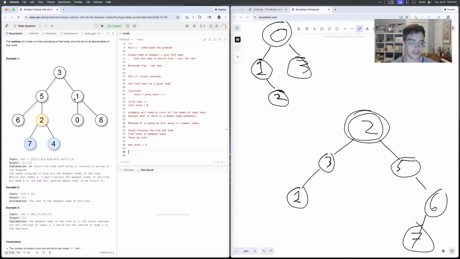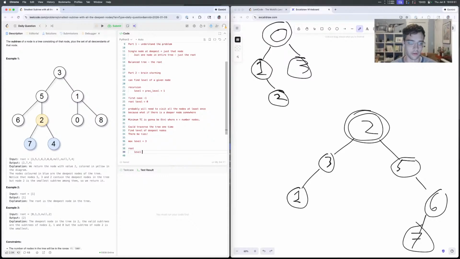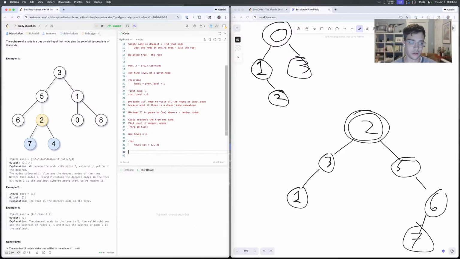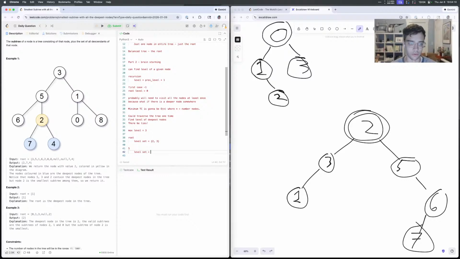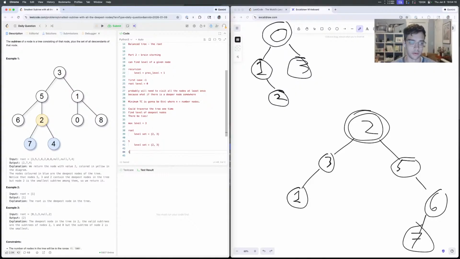So if you look at this 3 here, root level set equals, I guess, 2 and 3. This 5 here, its level set equals 2, 3. Same with this.